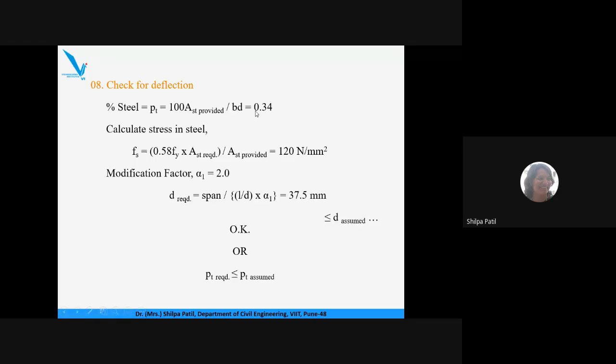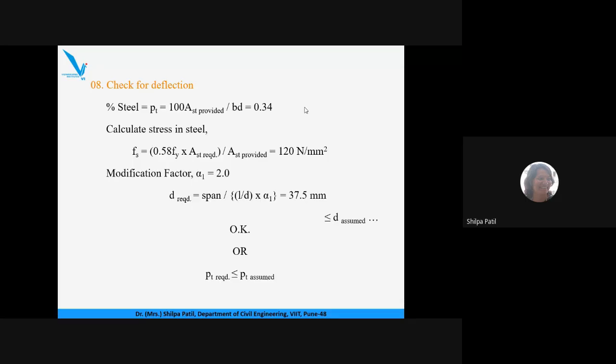Suppose this value is coming as 0.36 and our assumed value is 0.35. In that case, our calculation of depth and all further calculations based on the D value will go wrong. It means your design is not safe. In that case, whatever value you are getting here after calculation, suppose 0.36, you have to use the same one, recalculate the depth and do all the calculations again.